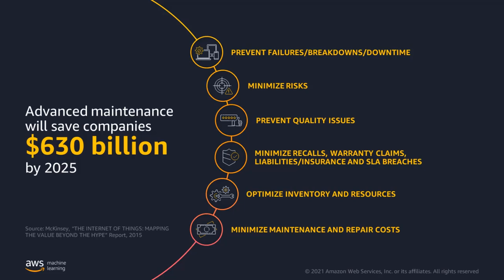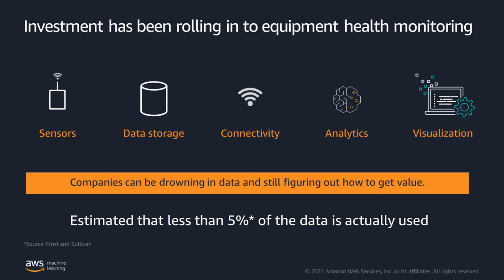there's been a lot of investment rolling into equipment health monitoring, which really involves putting a bunch of sensors all over your equipment. Investing in data storage, so all of those sensors take readings all the time and deposit data into what's most often a data historian. Connectivity, which is either remote facilities connectivity or connectivity to the cloud.